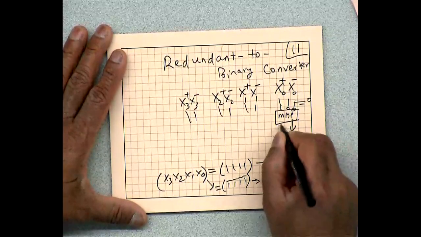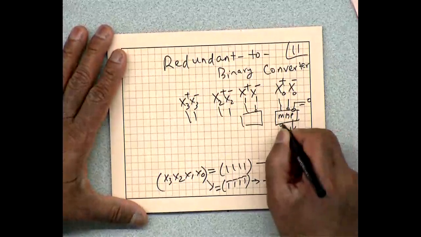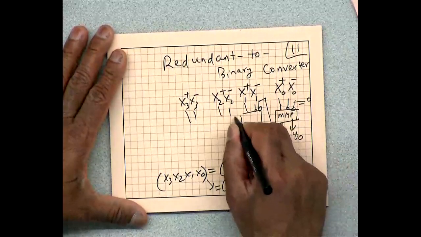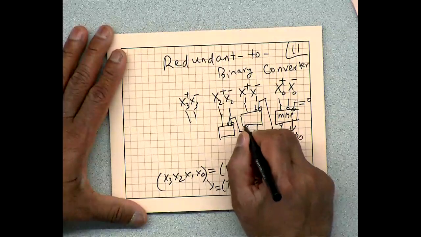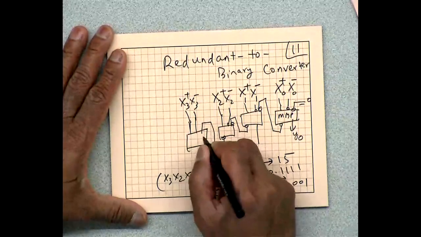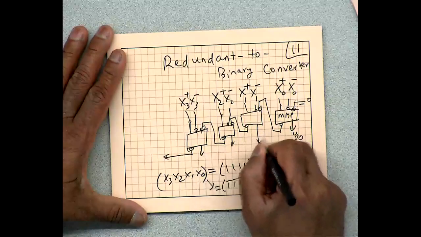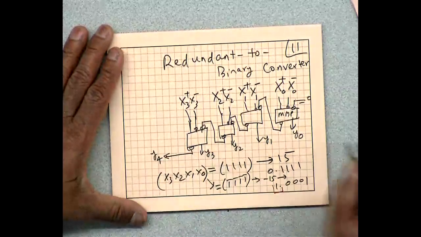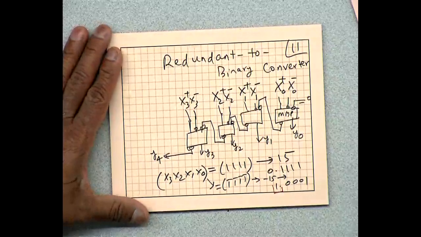So this is y0, y1, y2, y3, y4. That's the 5-bit 2's complement number for this redundant to binary conversion.